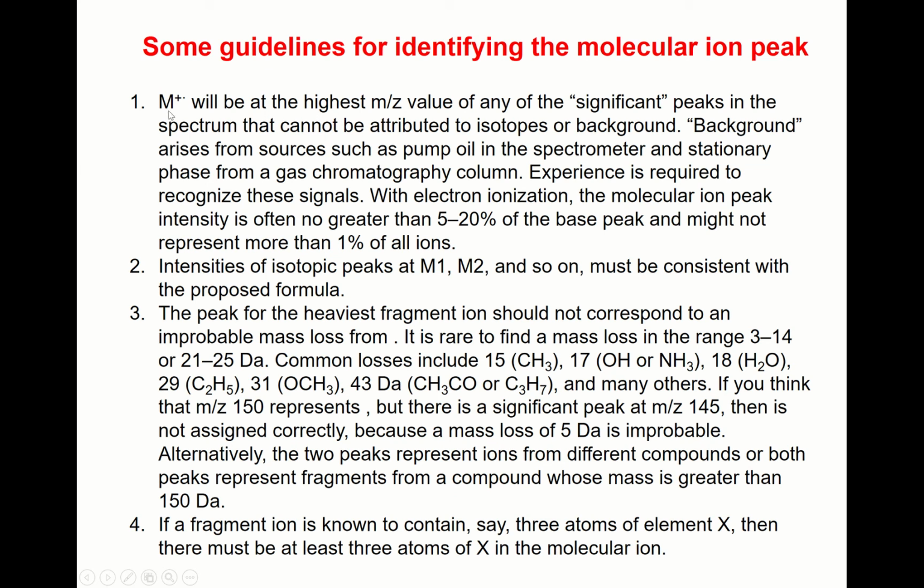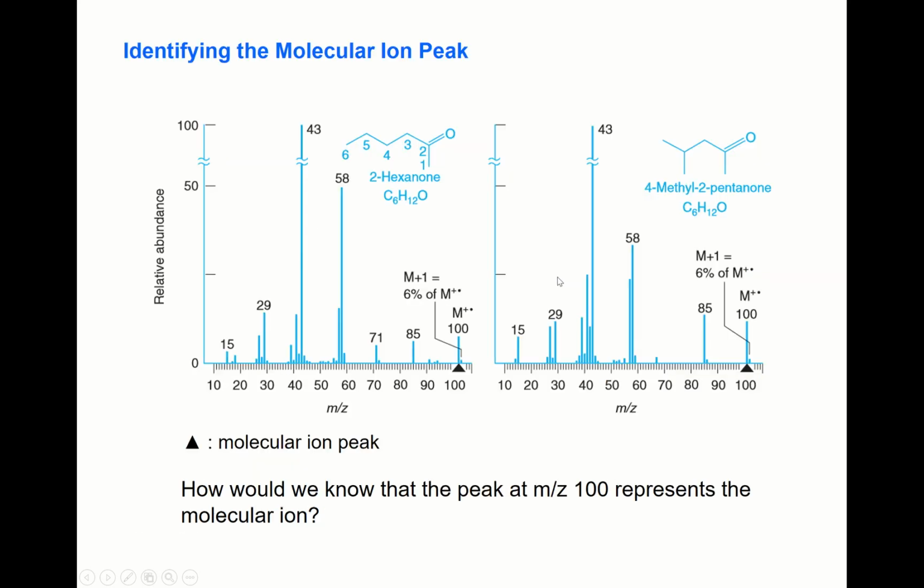The molecular ion peak will be at the highest mass to charge value of any of the significant peaks in the spectrum that cannot be attributed to isotopes or background. That means we ignore this small one. This is quite small relative to the very next peak, right? Because this is due to the isotope, okay?